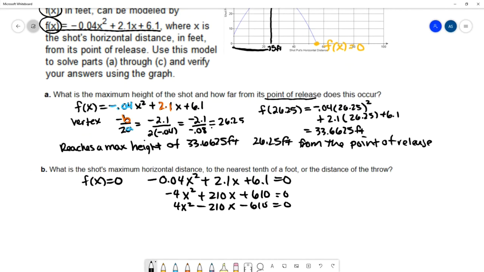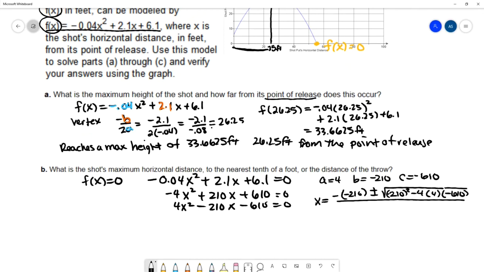Using the quadratic formula, a is 4, b is negative 210, and c is negative 610. So x equals negative b, that's negative negative 210, plus or minus the square root of negative 210 squared minus 4 times 4 times negative 610, all over 2 times 4.